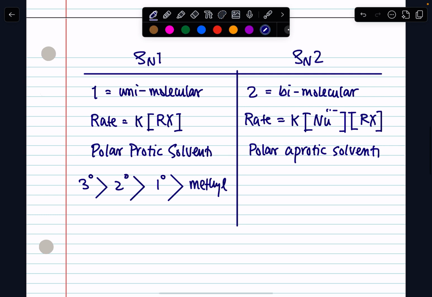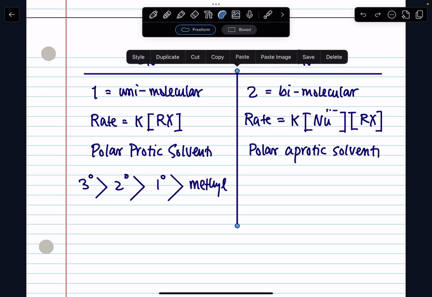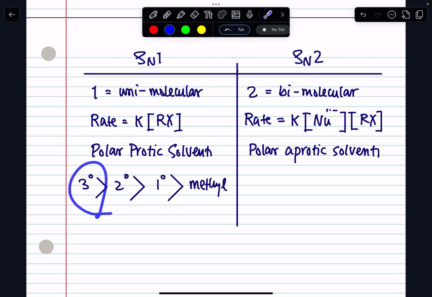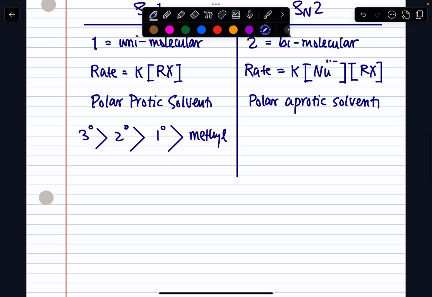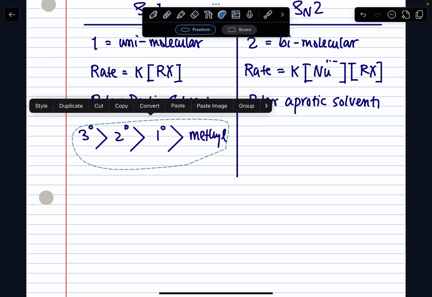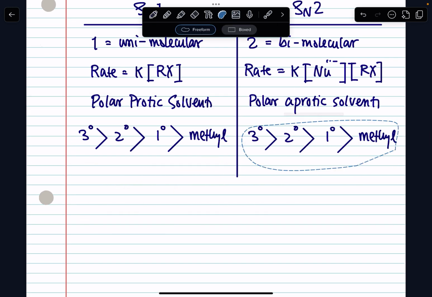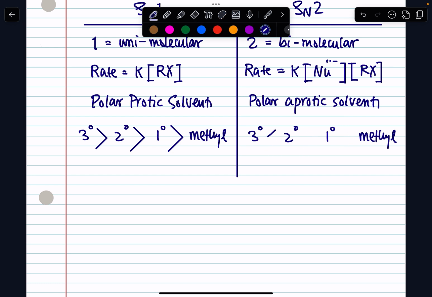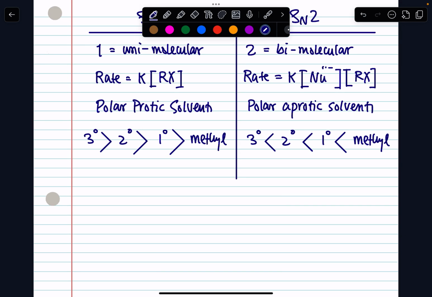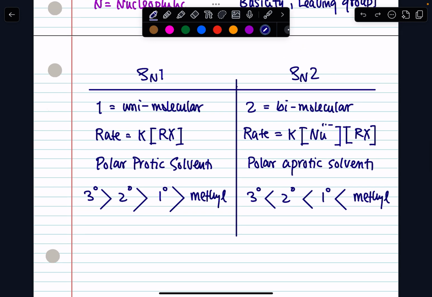You would hopefully have a tertiary alkyl halide as opposed to a primary one, because tertiary ones will like SN1, and in fact, the order will flip when you look at the SN2 reactions. Tertiary alkyl halides will be unfavorable for SN2 reactions.